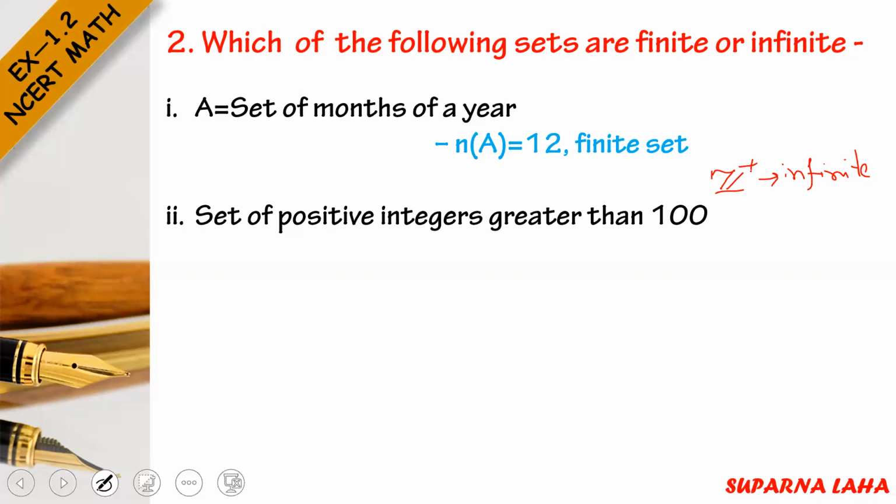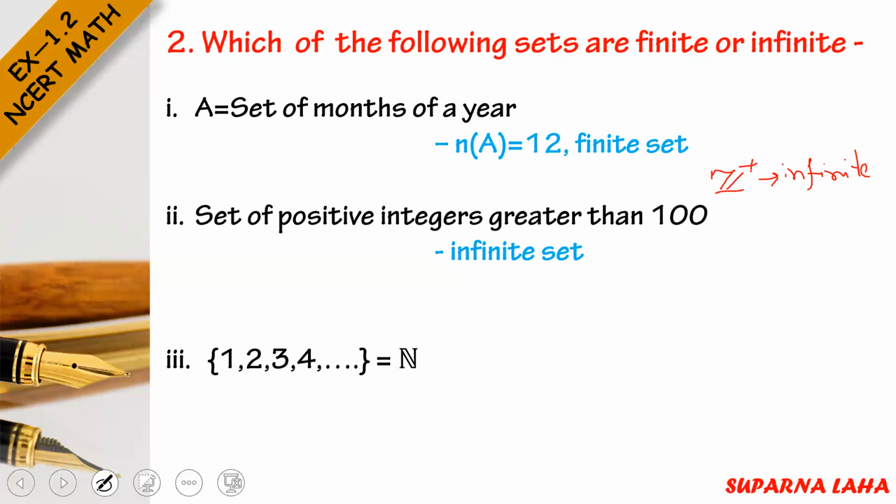From this infinite set, we just remove some elements, that is up to 100, and then we consider the rest of Z plus. If you remove some elements from an infinite set, it will remain infinite. So this set is also infinite.